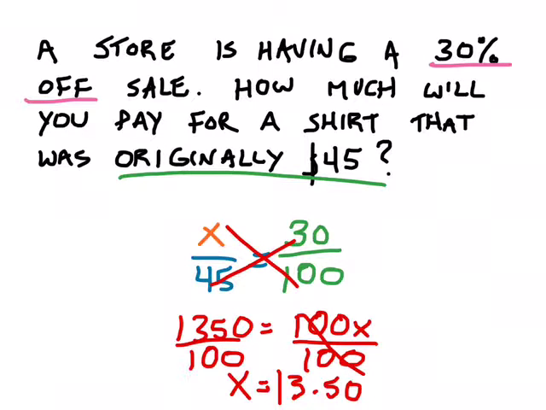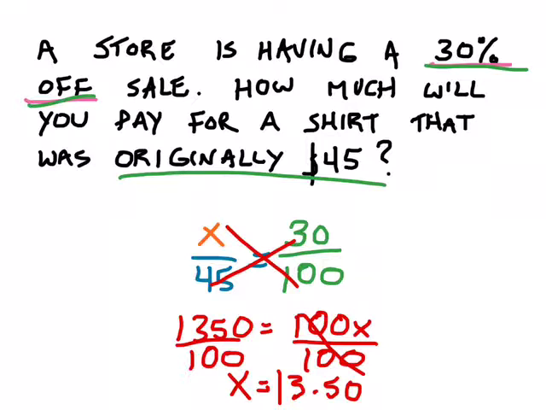Again, though, it's really important to recognize that a percent change formula is going to give you change. So it's a $13.50 change. In this case, it's a 30% off sale, so that's the amount that's being removed. The question that I was asked, though, is how much will I pay?